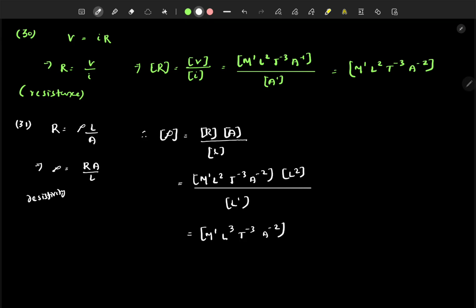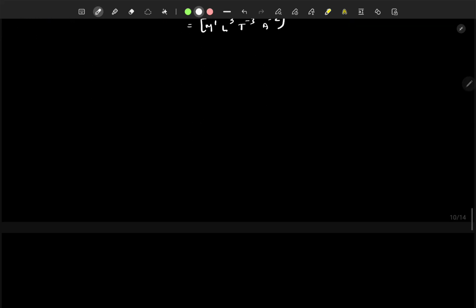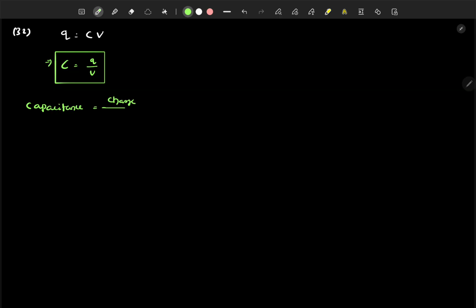Another formula, serial number 32. We know Q is equal to CV. So from this, C is equal to Q by V. What is C? C means capacitance. Q is the charge, divided by the potential.